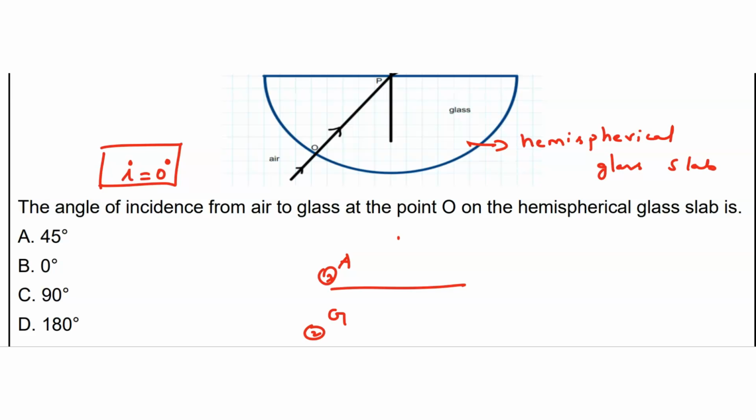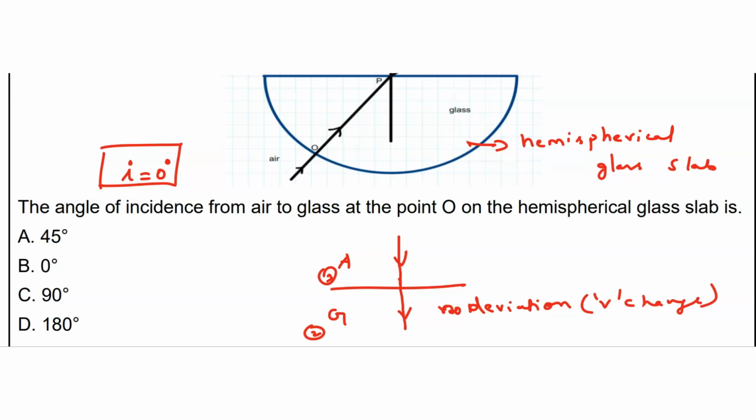When a light falls perpendicular, or falls normally, at this air glass interface, then the light will travel straight through the next medium. That is in the second medium, here it is glass. And in this case, it suffers no deviation or no bending is experienced. But the velocity of the light will be changed. Velocity changes, but there is no bending.